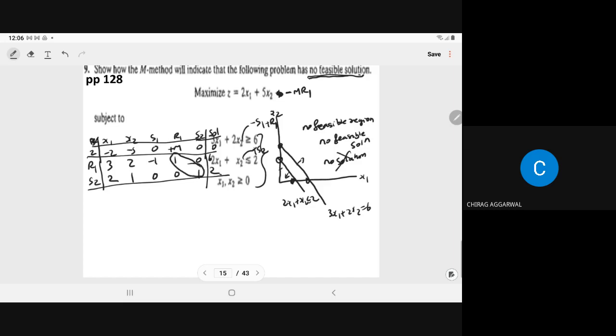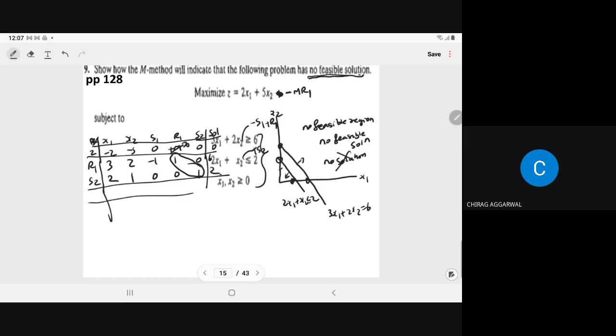Till now, any doubt? Anything you want to ask? Then we have to make this table consistent. For consistency, this entry must be 0. For that, we have to do the z row minus M times the r1 row.